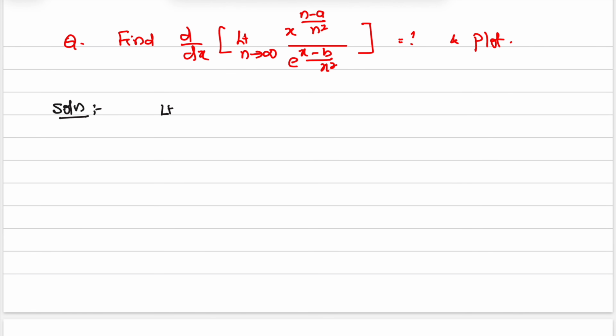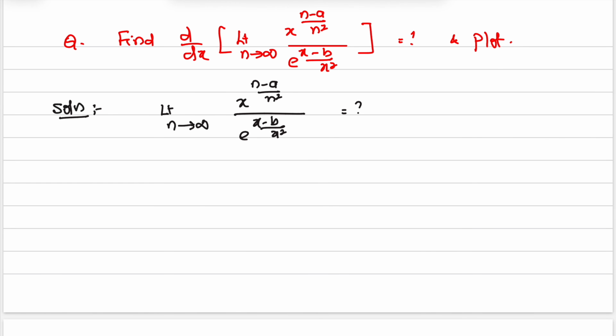First, what we have to find out is limit n tends to infinity of x to the power of n minus a by n square whole divided by e to the power of x minus b by x square. This is the first step.